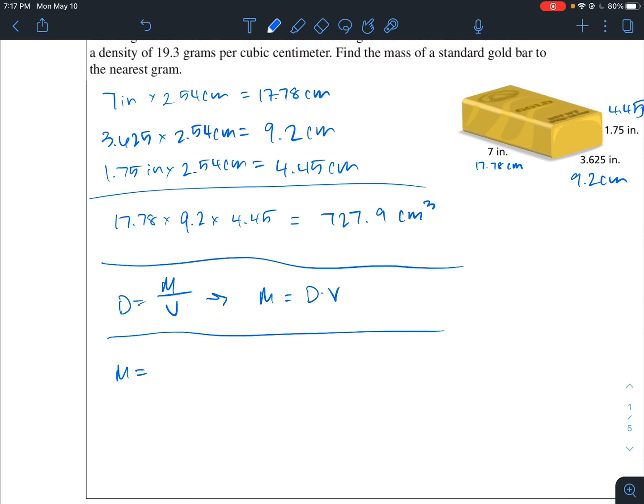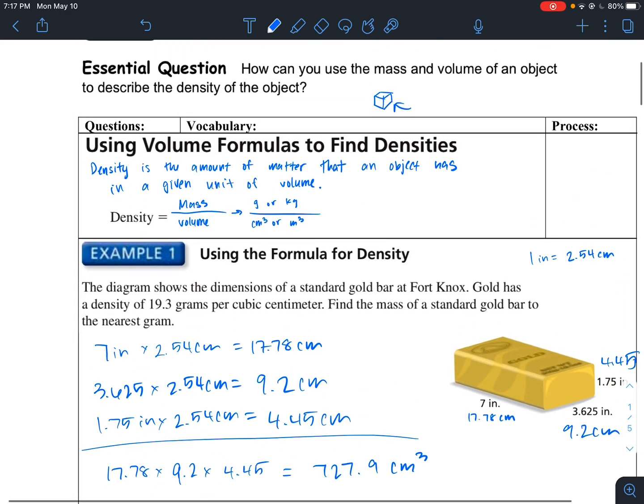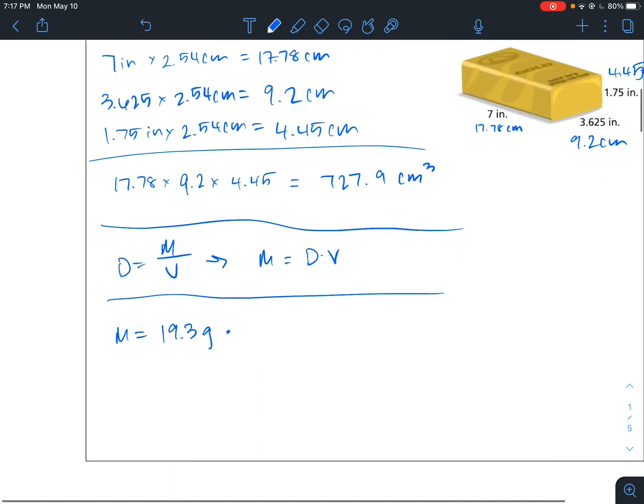We take the density, which was 19.3 grams, and multiply that by the volume, which was 727.9 centimeters cubed.